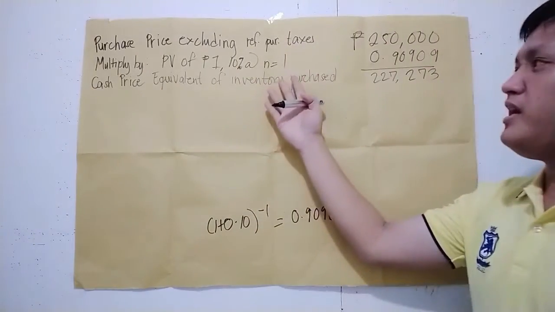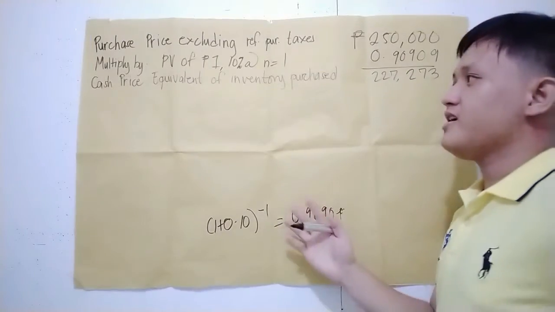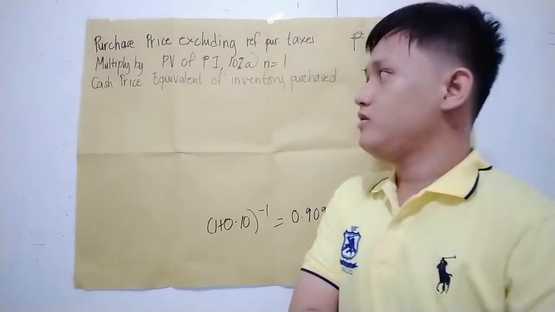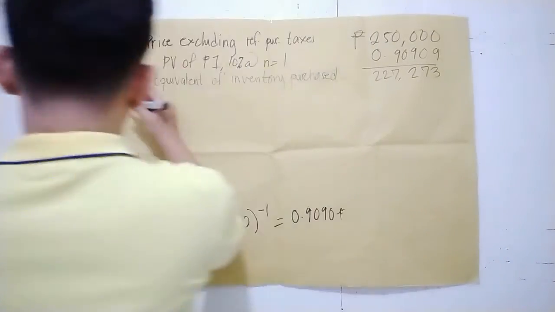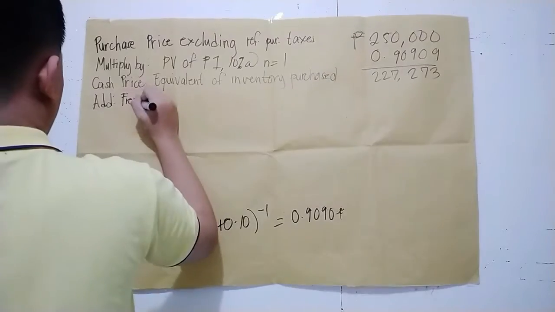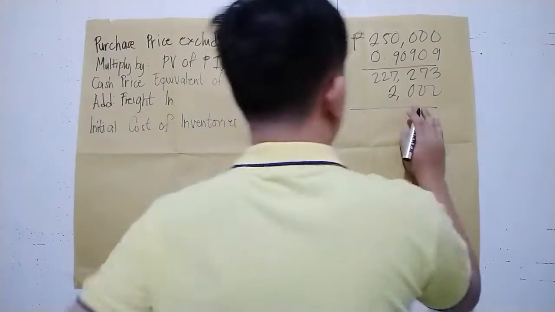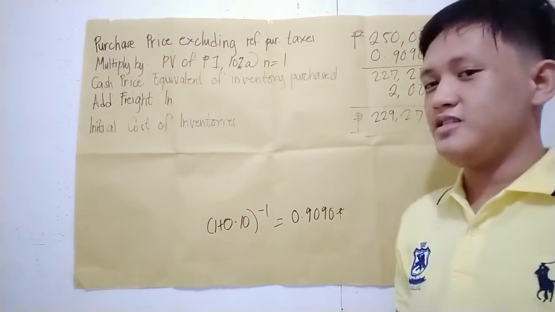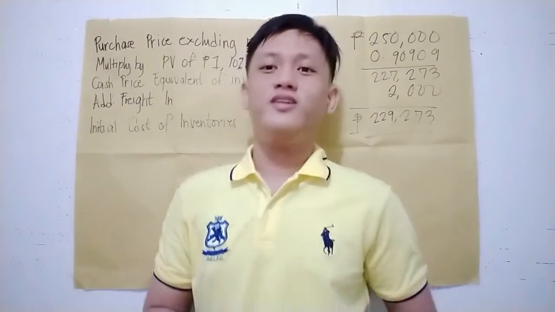Multiply it by the PV of 1, which is the 0.90909. Then its cash price equivalent of inventory purchase is 257.73. So next is to add its transport charges, which is 2,000 pesos, to get the initial cost of inventory. So our initial cost of inventories now is 259,223 pesos. So the answer is letter A.